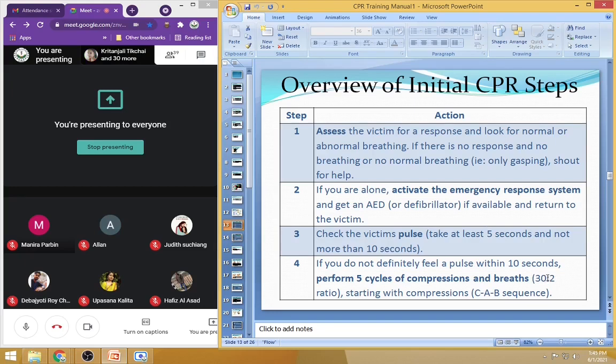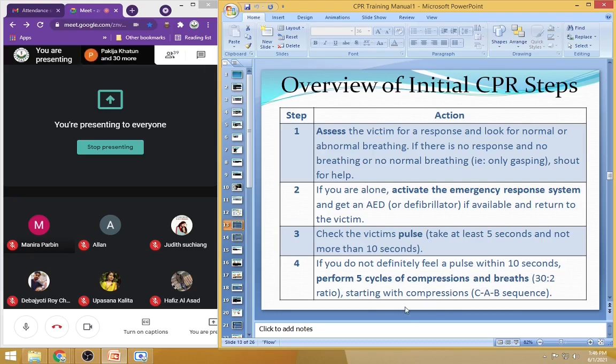We will continue chest compressions until medical aid comes for rescue, because mouth to mouth is a risk due to contagious infection. But usually, in the normal scenario, it is 30 to 2, compression and breaths.